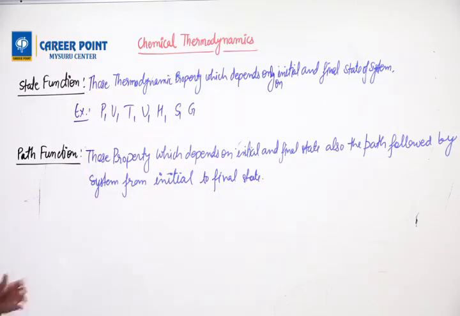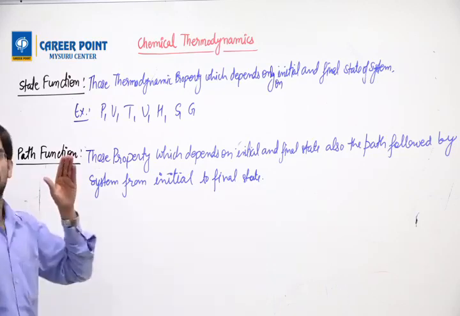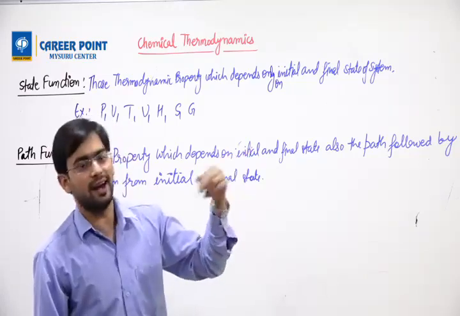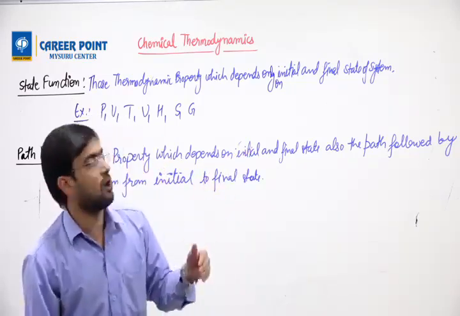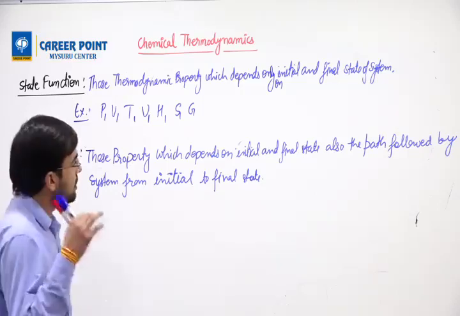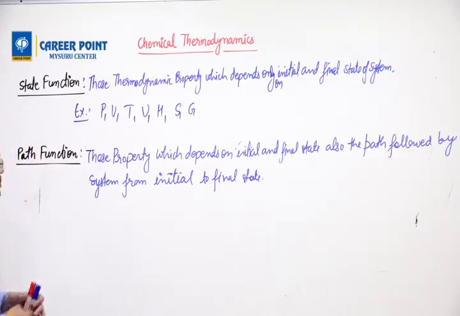Understand the definition? Path function is those property which depends on initial and final state and also the path followed by the system from initial state to reaching the final state.